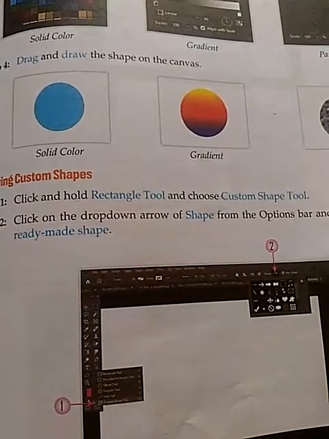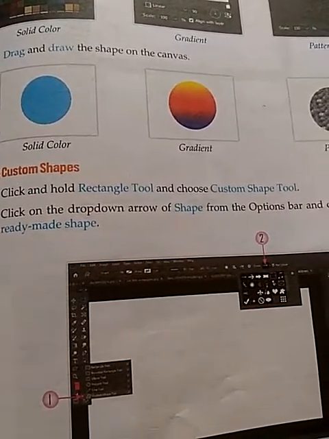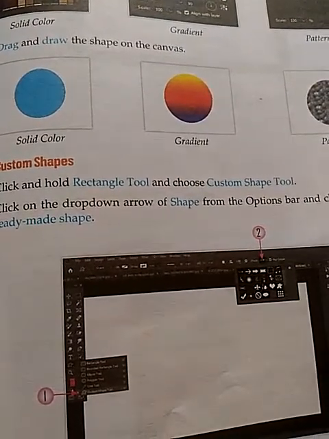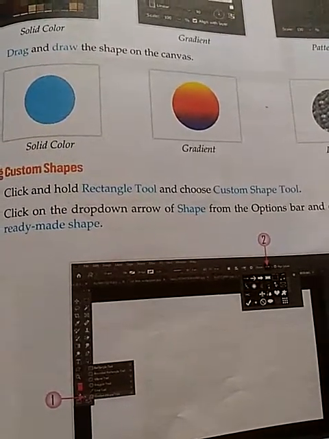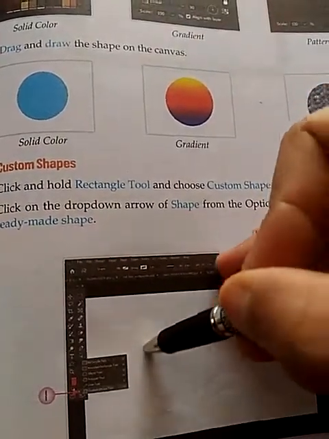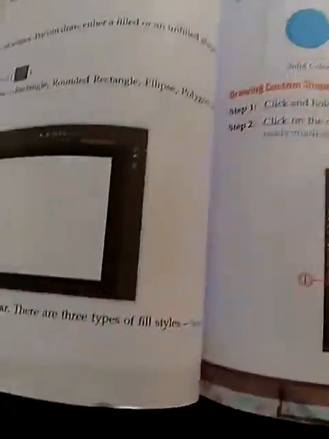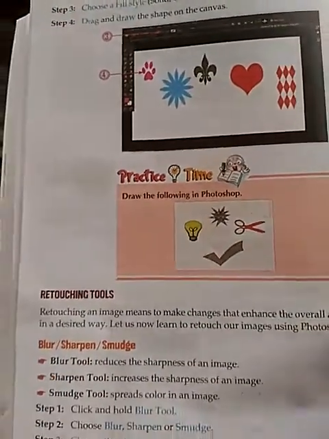Or if you want to insert any customized image, then you can choose the custom shape tool. After that, select the image you want to insert, and change the color or the fill style from the option bar. After that, draw the image on the canvas. The image will be drawn automatically, like this.